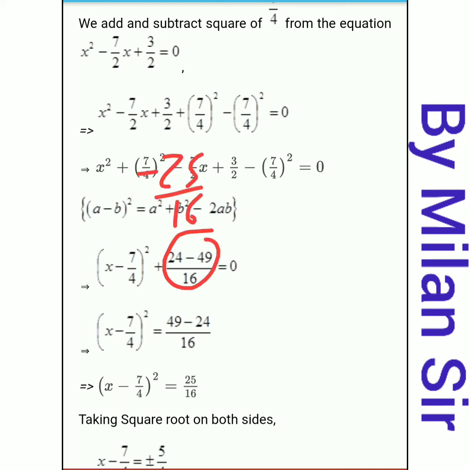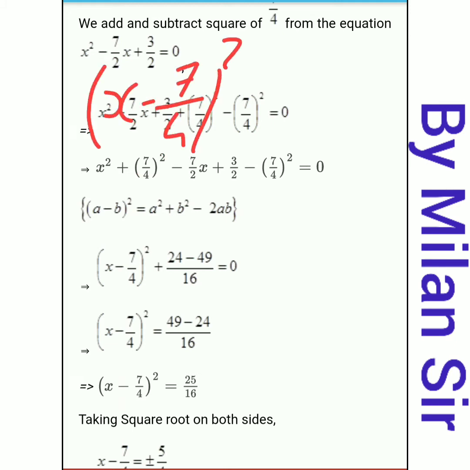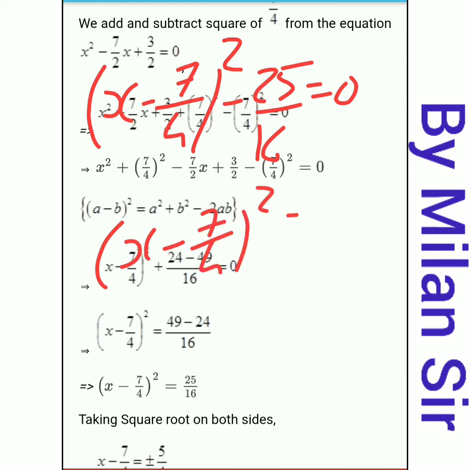If we transfer this minus 25 by 16 to the right hand side, it becomes positive. So right now what we have, (x minus 7 by 4) all square minus 25 by 16 is equals to 0. So (x minus 7 by 4) all square is equals to, transferring this minus 25 by 16 to the right hand side, it becomes positive, so 25 by 16.